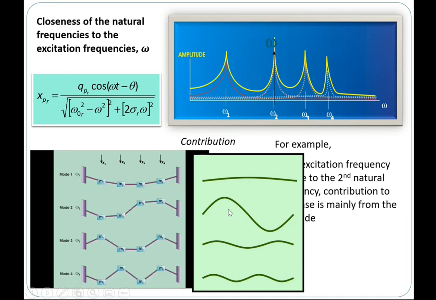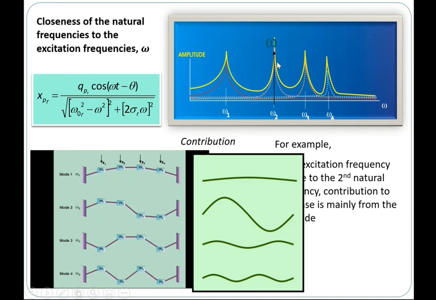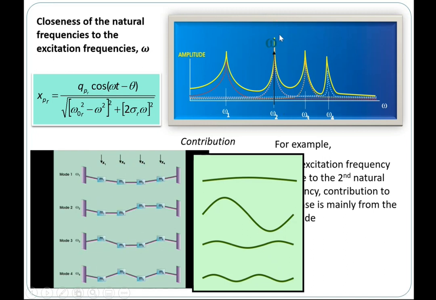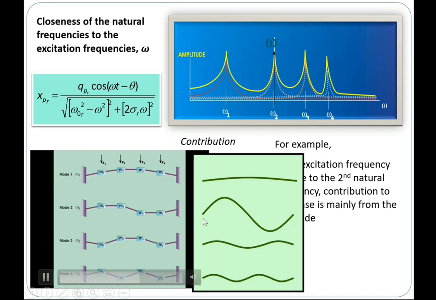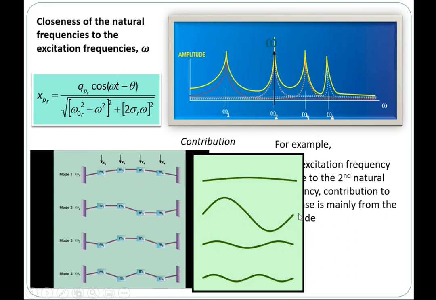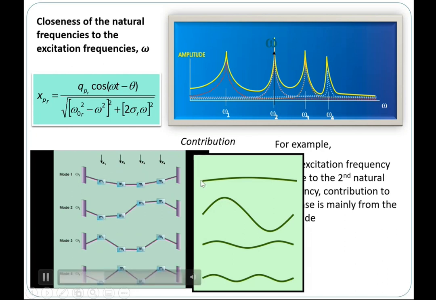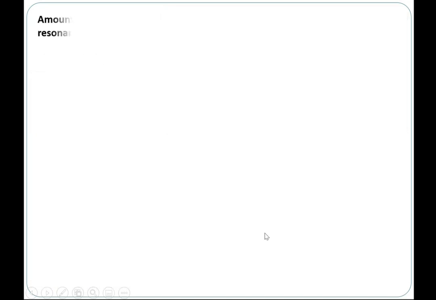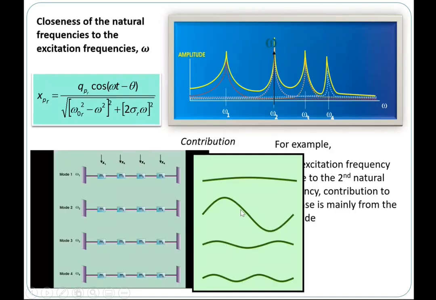But when your excitation frequency is very close to mode 2, it will contribute the most. Then you will see in the vibration response of that beam that it vibrates somewhat like this. The other modes are still there, but compared to this, in terms of percentage, maybe 90% is this, then 5%, 3%, and 2%. So in terms of contribution, mode 2 will be larger.